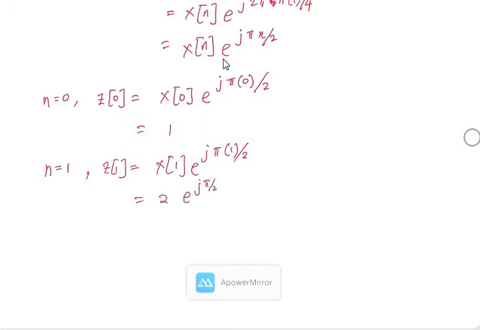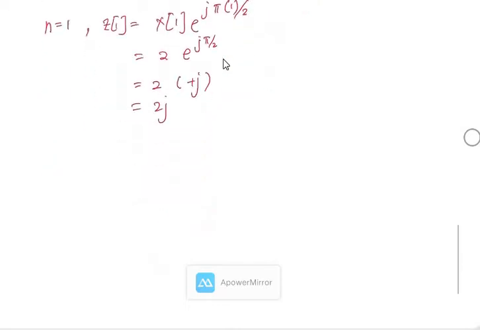This is equal to e^(jπ/2), so you can use the formula cos(π/2) plus j sin(π/2). So you get positive j, so this one equals 2j. And then for n equal to 2, z2 is x2 times e^(jπ·2/2).